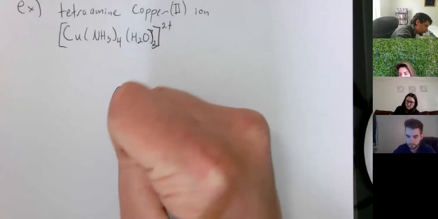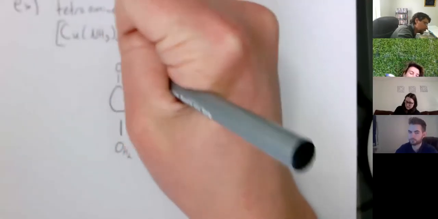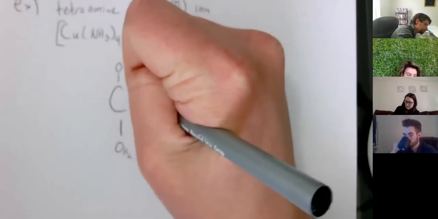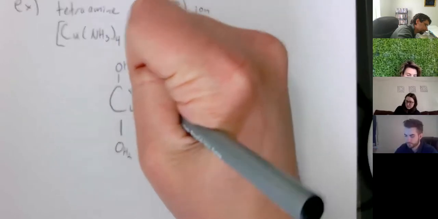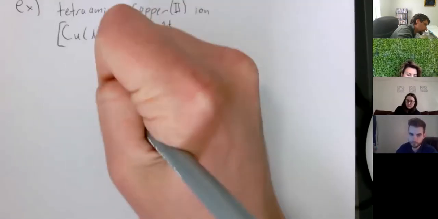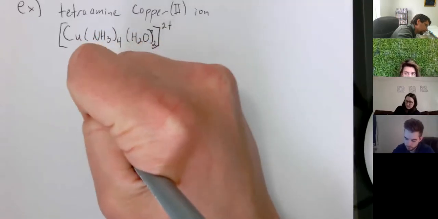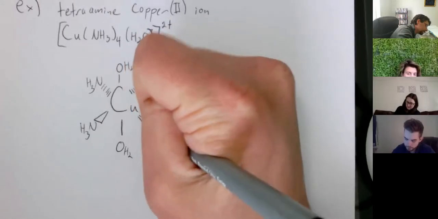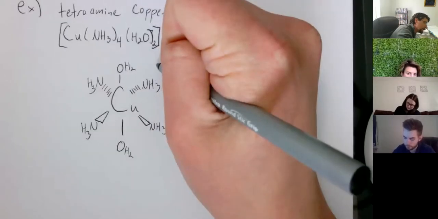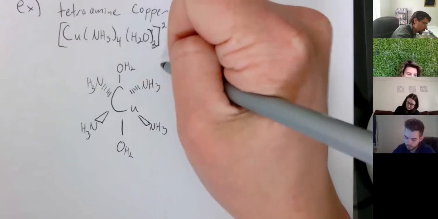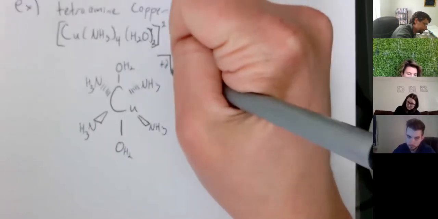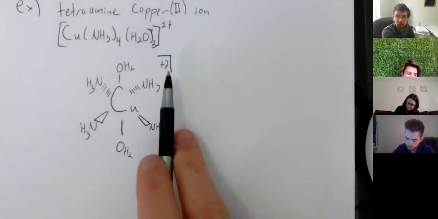So OH2, or H2O, NH3, and this whole thing needs to have a 2+ charge. We usually indicate that in the corner.